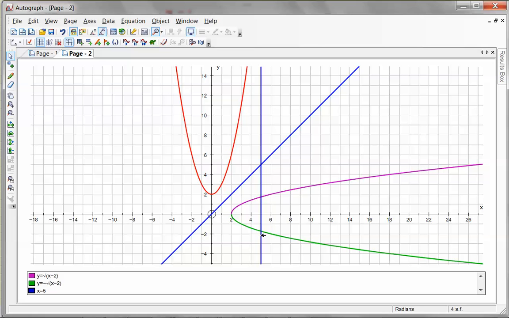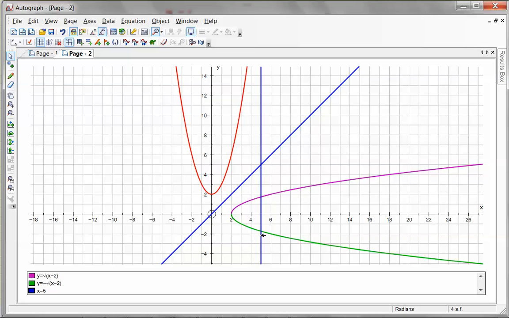So for instance, if I take a vertical line and it crosses the function twice, then it's not a function. So if I said to you, does this function have an inverse function, what you would do at the moment is work out what you think the inverse function is, graph it, and then decide if it passed the vertical line test.